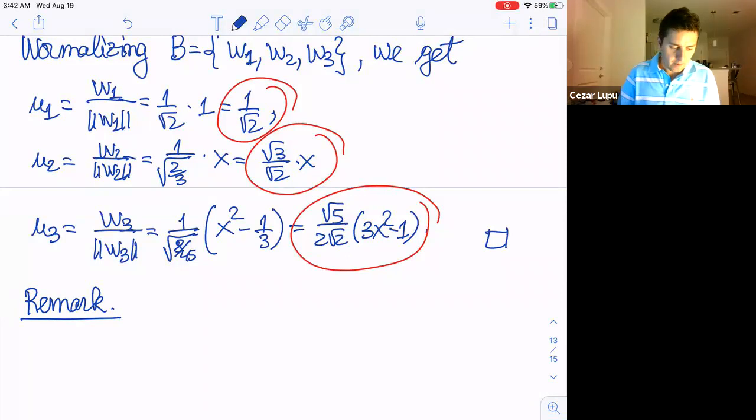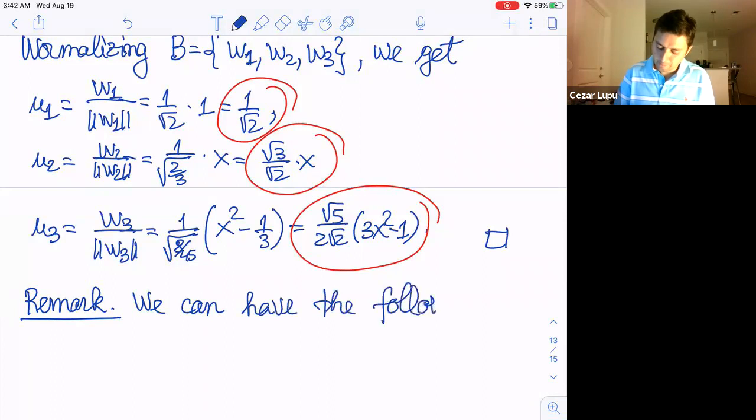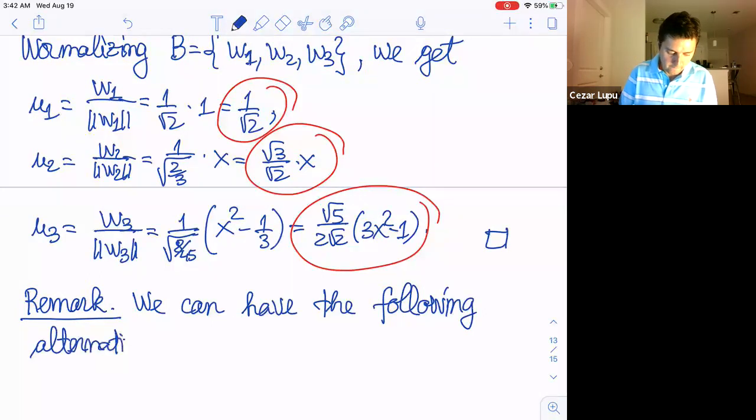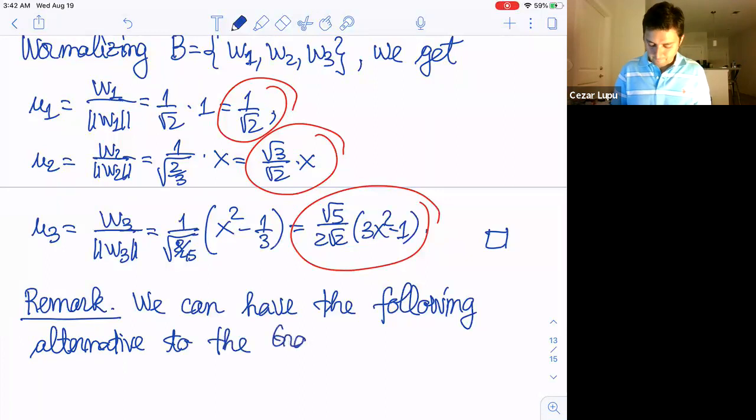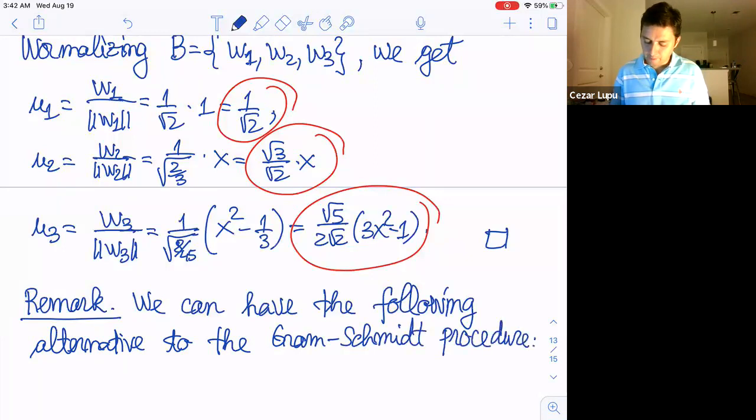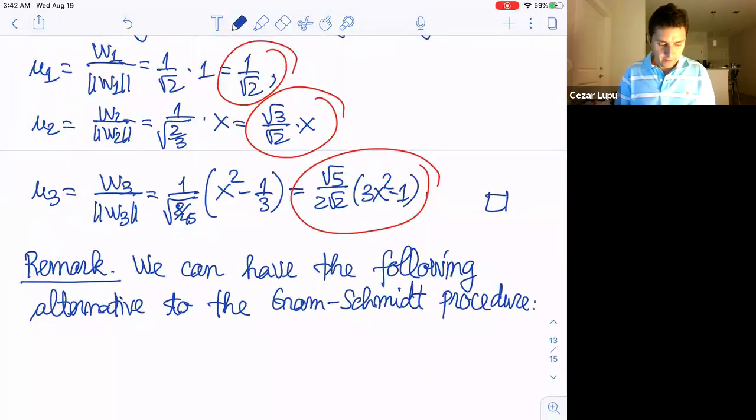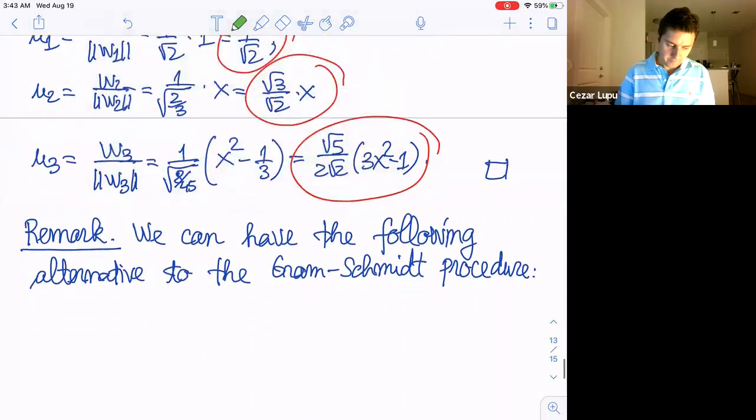So we can have the following alternative to the Gram-Schmidt procedure. And let me write it in this way.